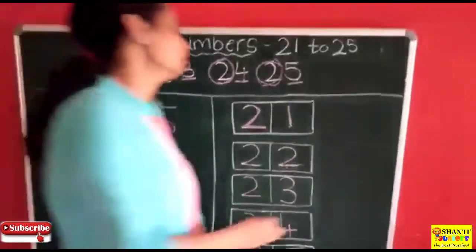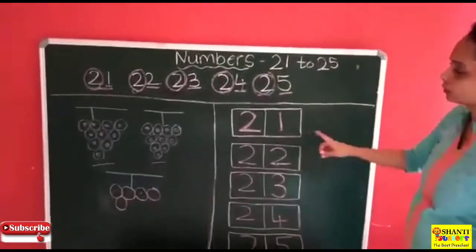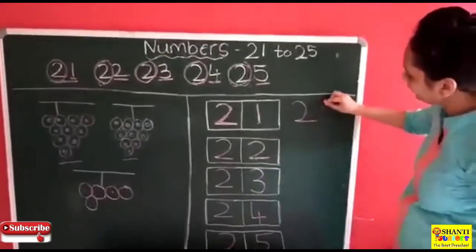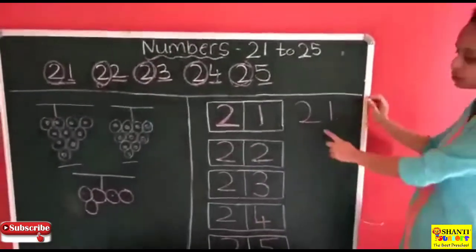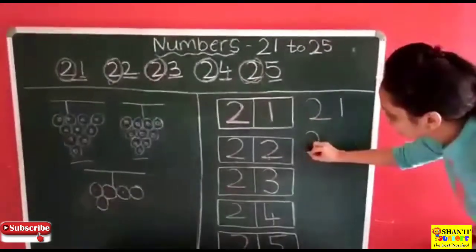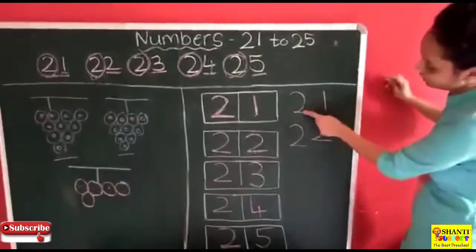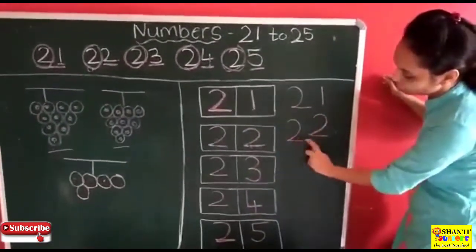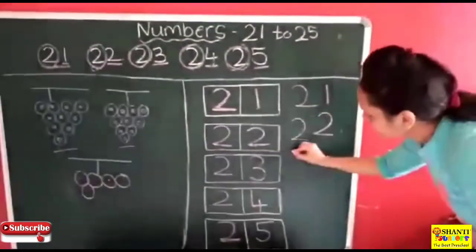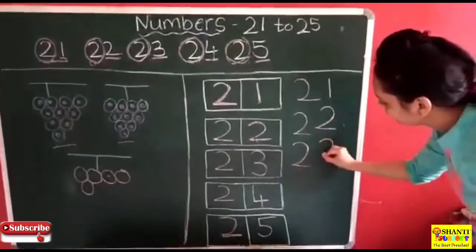Again I will do a quick revision of how to write the numbers. 2: curve and slipping line, and 1: standing line, it becomes 21. Then what comes? Curve, slipping line, curve, slipping line, 22. And then curve, slipping line, and 3 you have to write.